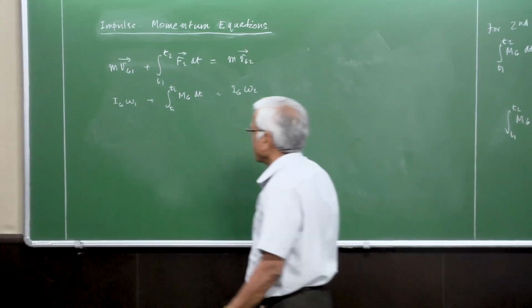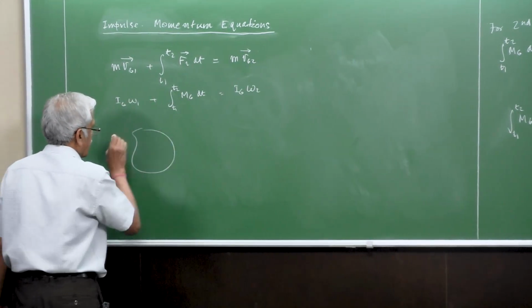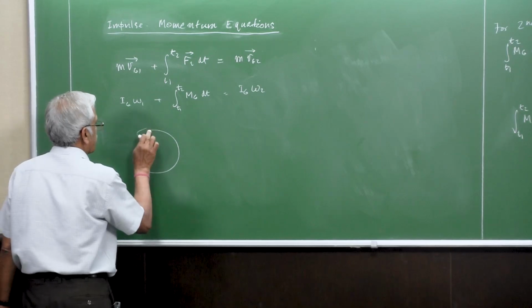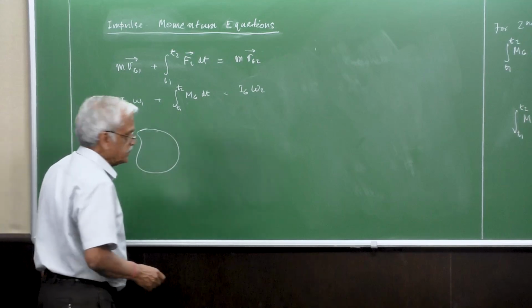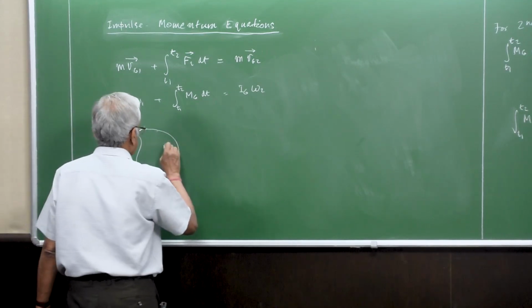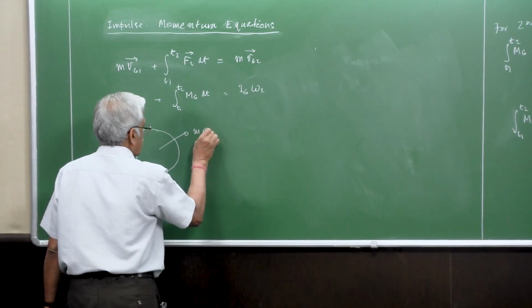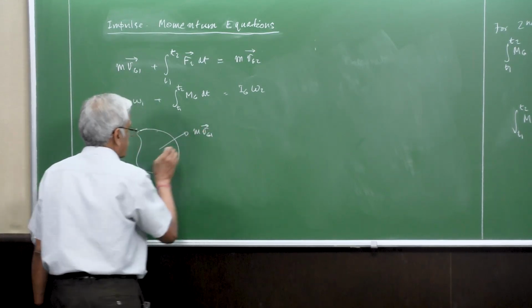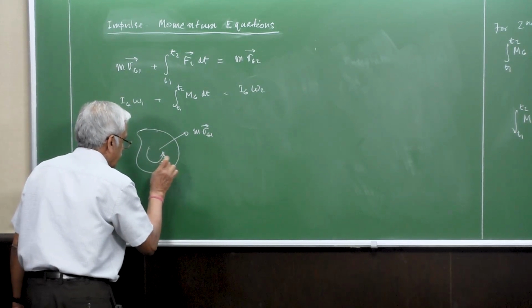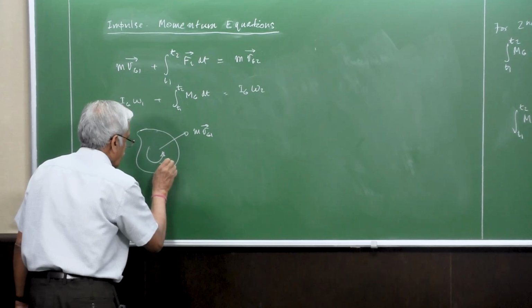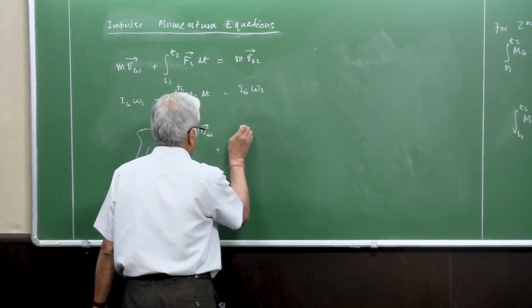So these things can be depicted in a picture. These two equations can be shown together like this. So this is the linear momentum, I'm sorry, and this is the angular momentum.